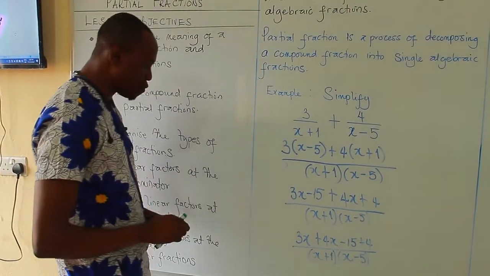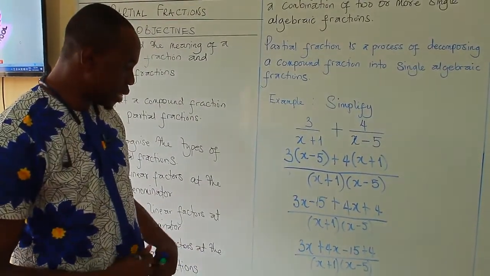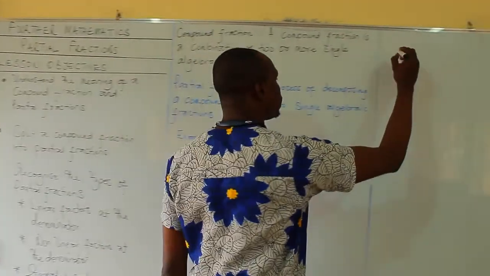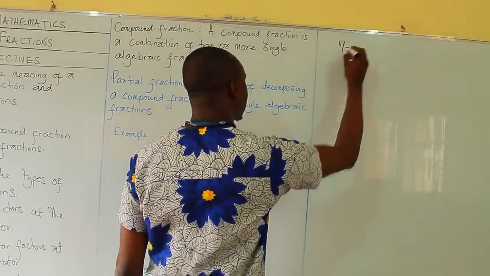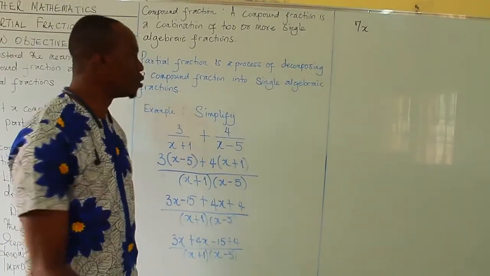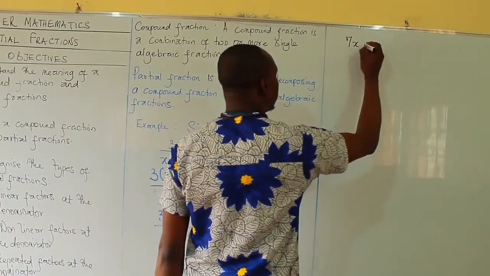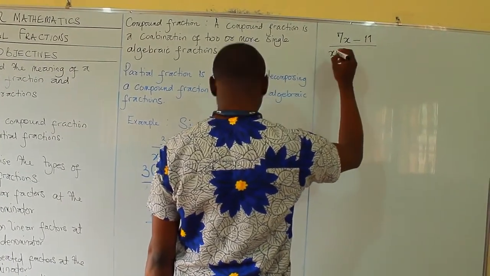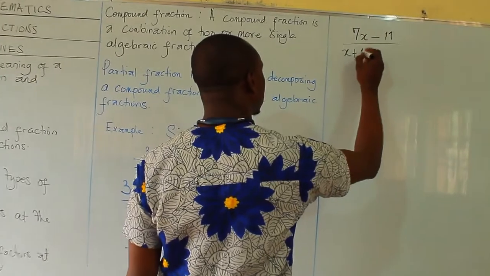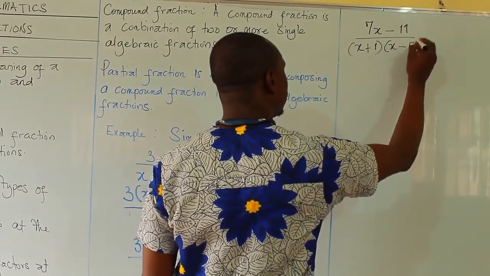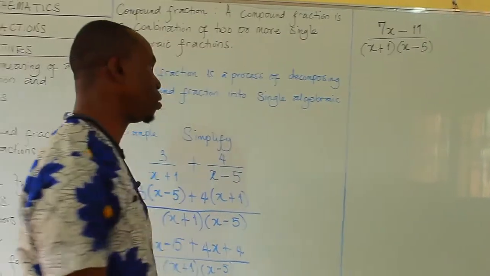So I can simplify further by adding the 3x and 4x together, and I will have 7x, and then minus 15 plus 4 will give minus 11, and that's all over the x plus 1 and the x minus 5 that formed the denominator.